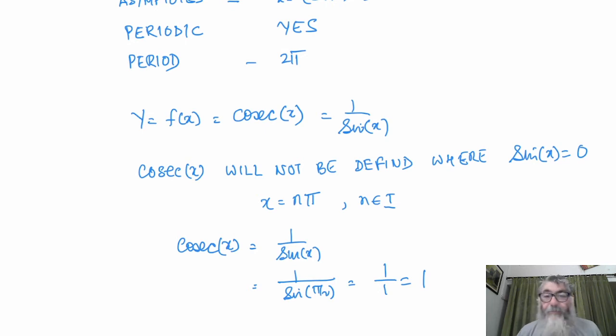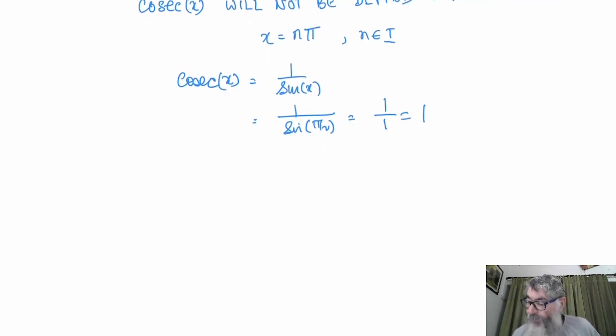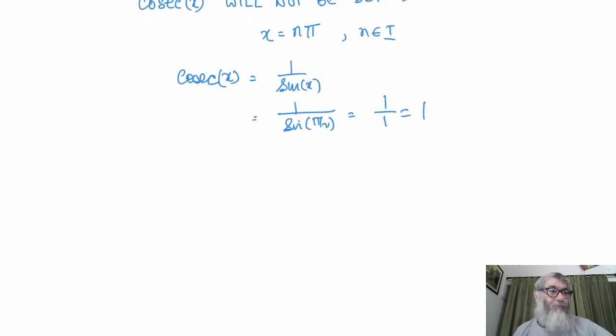So at pi by 2, it will be 1. At odd multiples of pi by 2, it will be 1. Let us draw the graph for this.